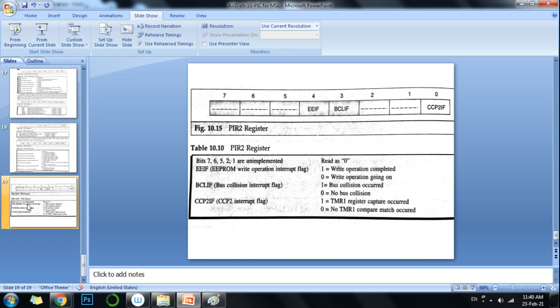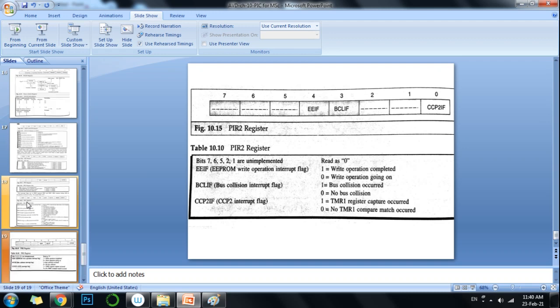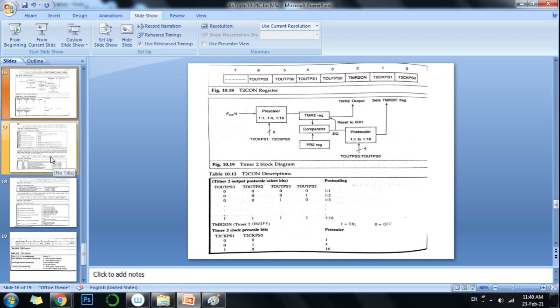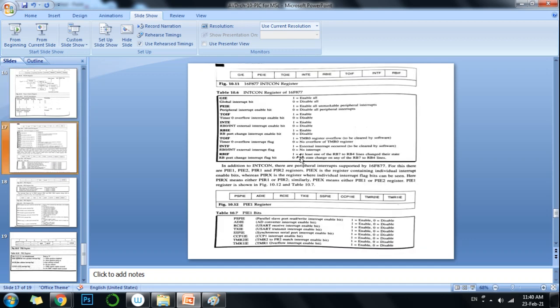Now let's have a look at this. This is about your interrupts, the interrupt structure of this microcontroller.